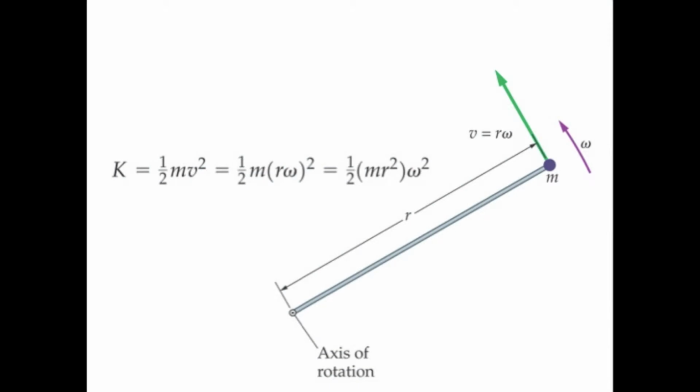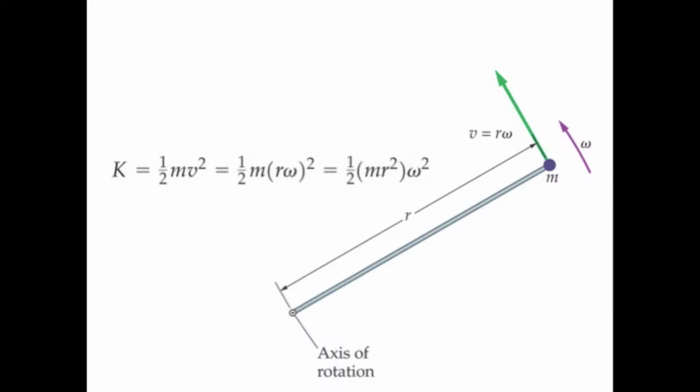So, let's start off with the basics. Imagine that we have a mass at the end of a rod, and this rod is rotating. This mass has kinetic energy. Now, in our formal or old way of describing it, we would say that this kinetic energy is equal to 1/2 mv squared.